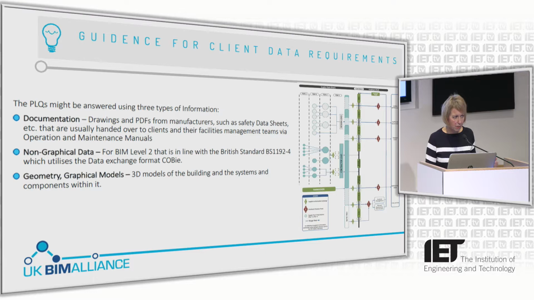So going back to the provision of information, we know that that information exchange, or the response to that plain language question, might be provided through documentation, through data, and or through models as well.